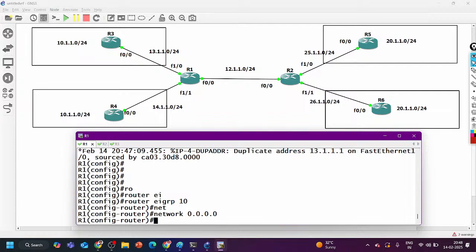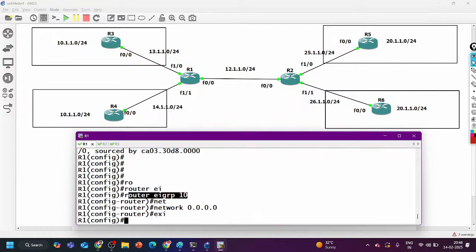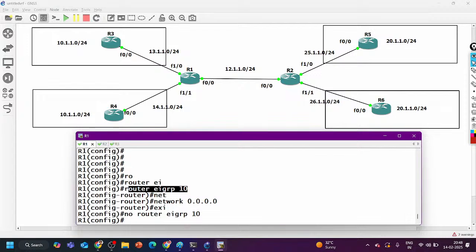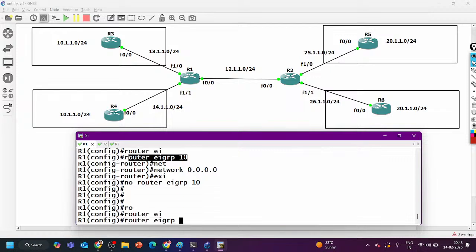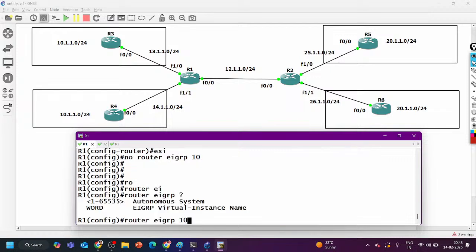This way we cannot configure EIGRP for VRF. So instead of configuring EIGRP globally, I am going to disable it first. No router EIGRP 10. And then router EIGRP number 10.